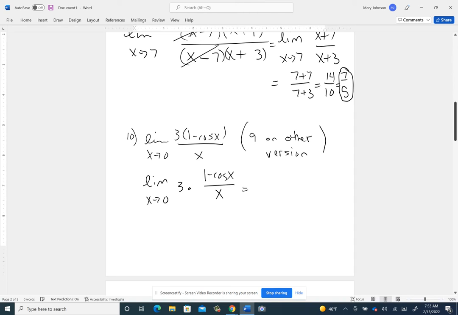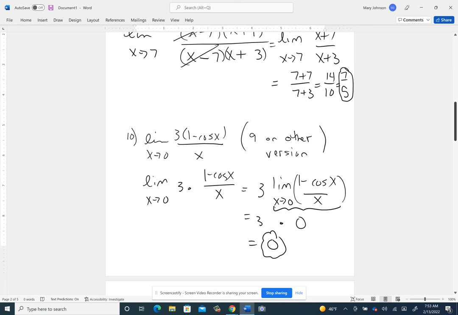And we could pull the constant out and do the limit of this 1 minus cosine x over x. Okay, all of that. And that was one of those special theorems, and the limit as x approaches 0 of that is actually 0, and 3 times 0 would be 0.